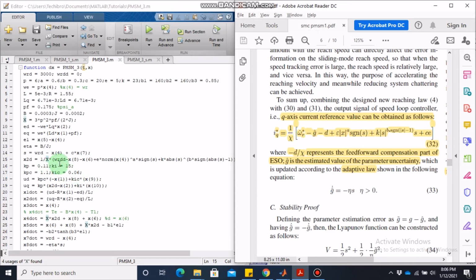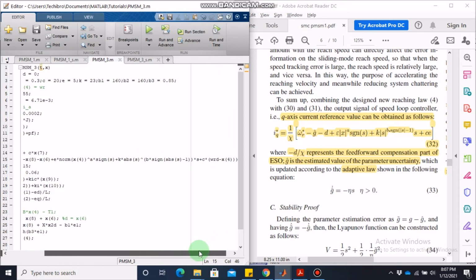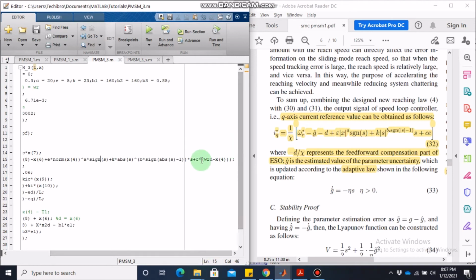So omega r dot minus g hat is state number x8, minus d is state number x6, times eta and the norm of the state. I have taken the state to be just x4, omega r, and the sign of the sliding surface. This whole equation is the same as C times error. Error is the desirable value of omega minus the actual value of omega. So this is the whole code.